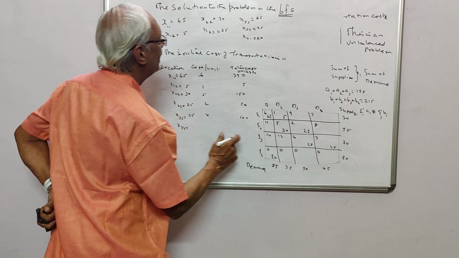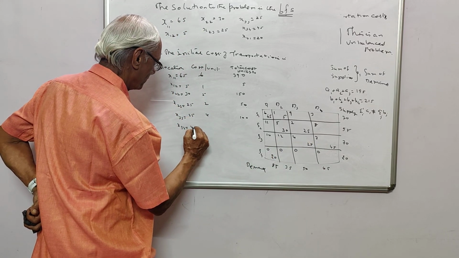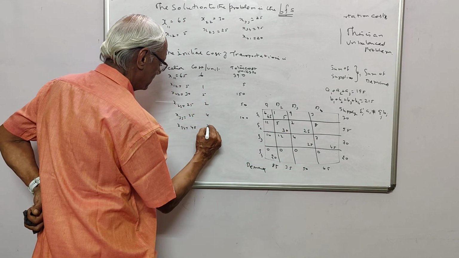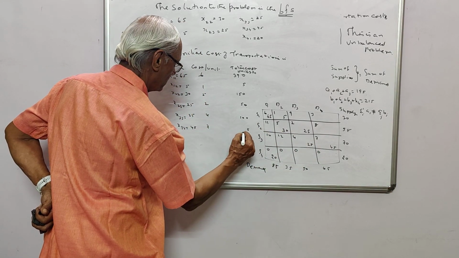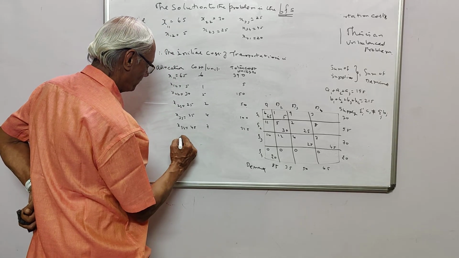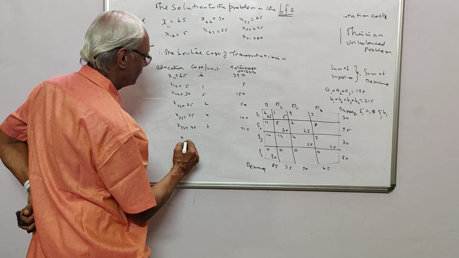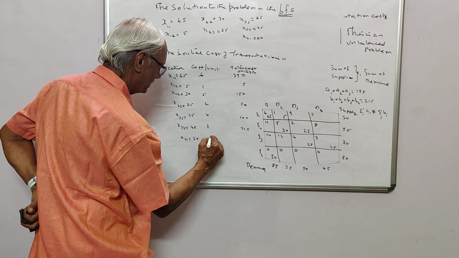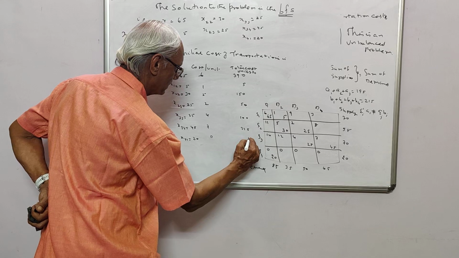X34 is equal to 45 and its cost is 7 rupees, so it is 315. Then X41 is equal to 20, cost 0, it is 0.